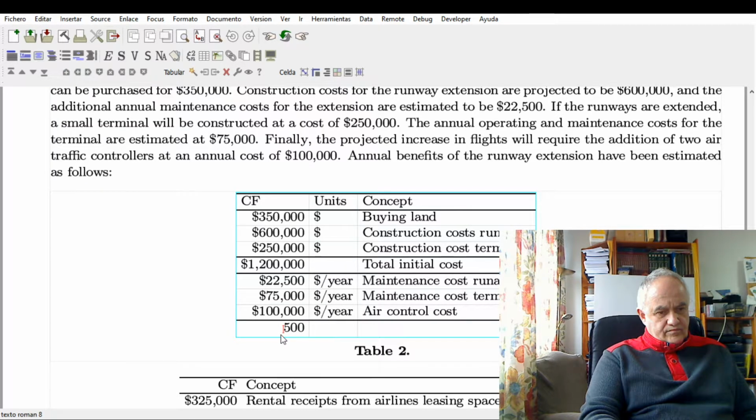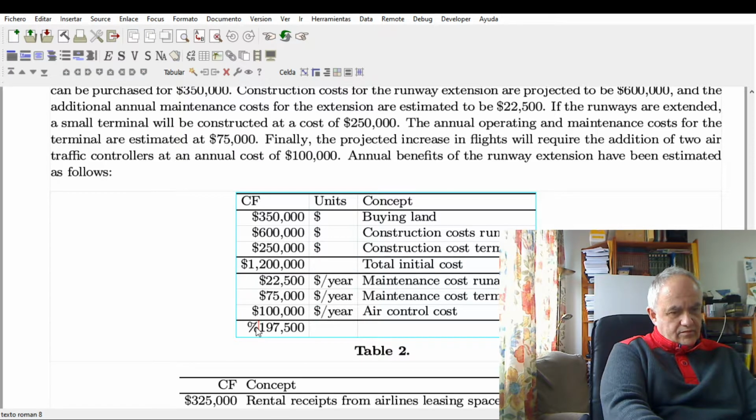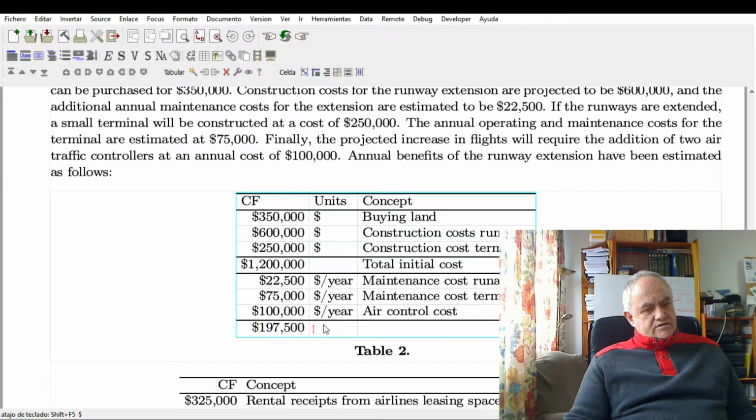Then 729,120. Okay, so we have this total amount per year plus this.